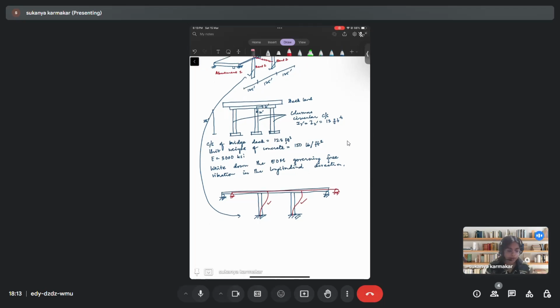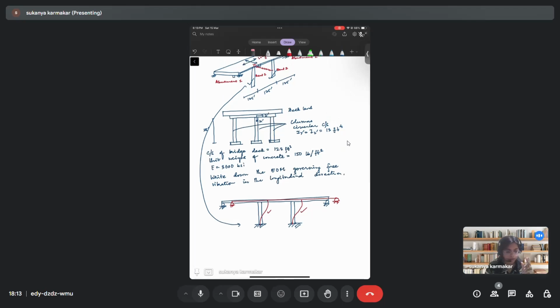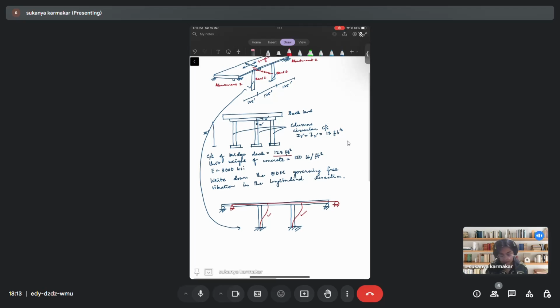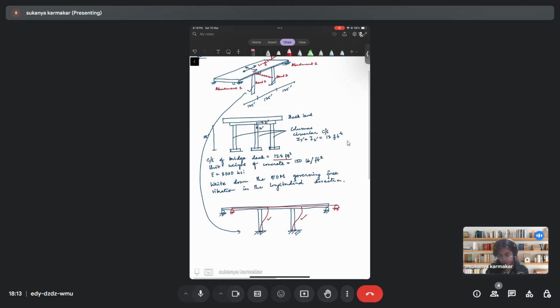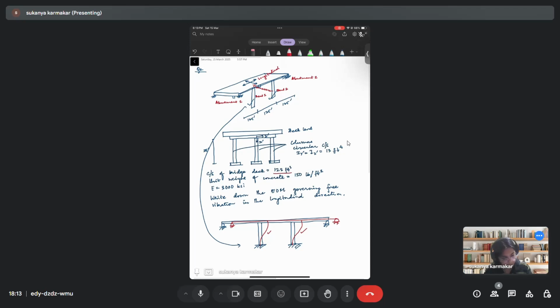So how do I calculate the mass? First, I know the cross section of the bridge, I know the length of the bridge, and I know the unit weight of concrete. So first I can find out the weight per unit length.